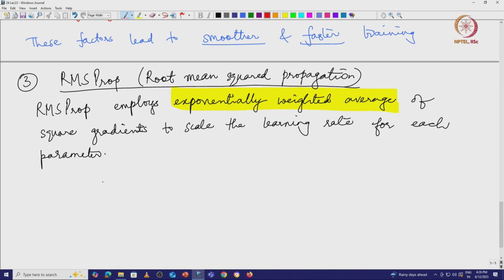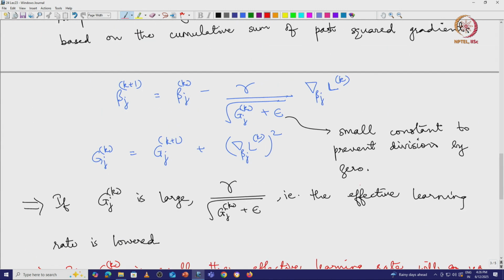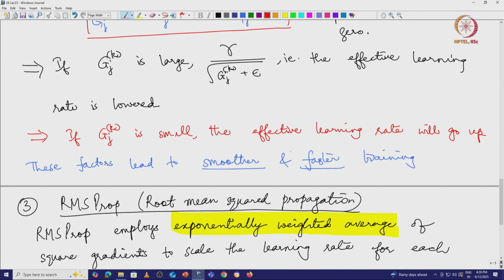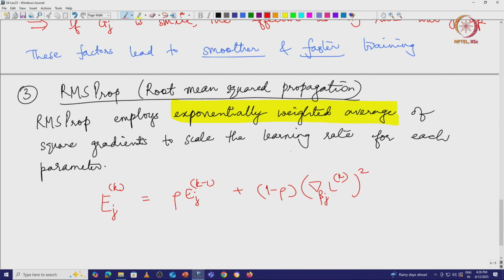You accumulate the exponentially weighted average Ejk as rho times Ejk minus 1 plus 1 minus rho times the squared gradient of L at the kth iteration with respect to the jth parameter. You can see the difference from the previous case, Adagrad. Here G simply accumulated the squared gradient, whereas now we do not fully accumulate it.